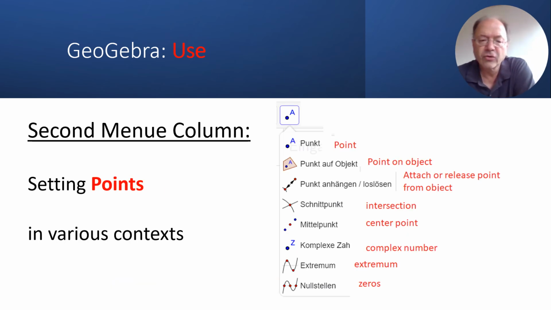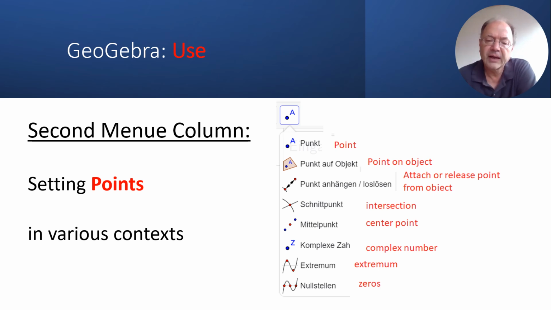The second menu column is about setting points in various contexts. You can set a point to an object. You can change the status, whether the point is free or whether the point is attached to an object, with the third choice there. You can make intersections of 2 objects.